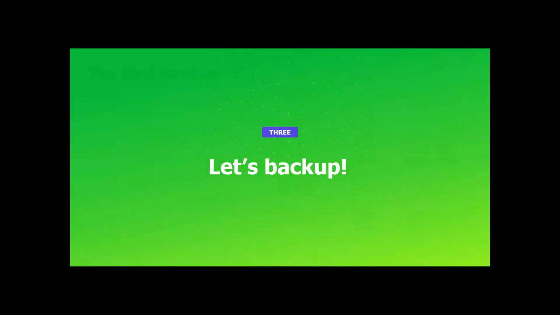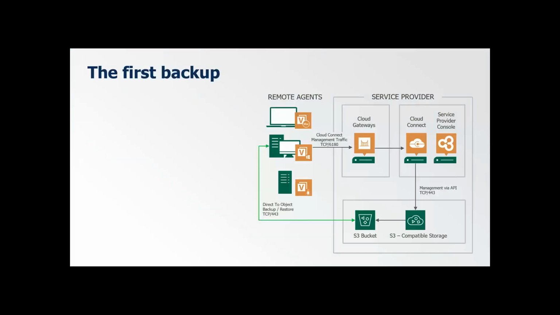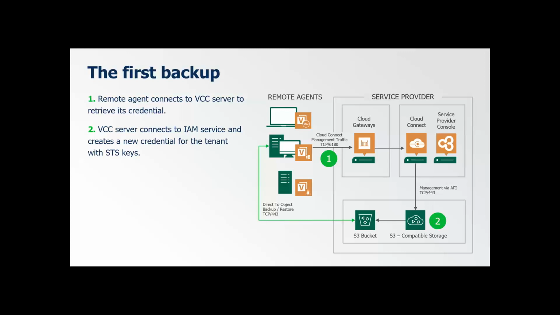So let's start the first backup. Same situation as before, already configured. The first backup is going to happen now. So the remote agent connects to the Cloud Connect server to retrieve the credential for accessing the S3 bucket. Cloud Connect checks that this is the first time the agent is connecting, so we need to create the credential.